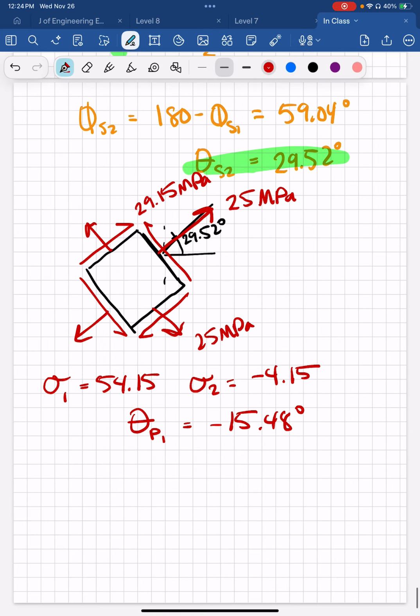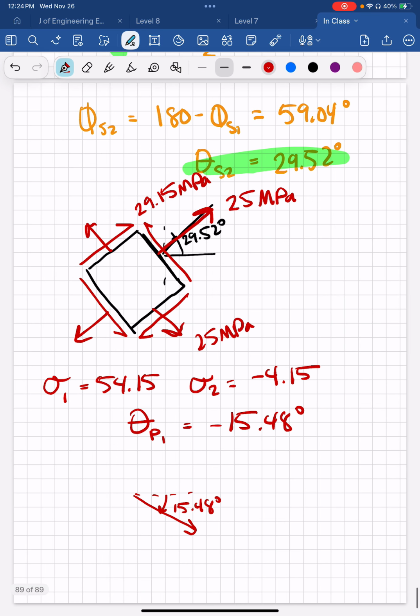And so we're going to start with that stress. When it was arranged the way it was initially, it was straight off to the right. And so we're going to go down 15.48 degrees, and that's how it's going to be oriented. That one was the 54.15 megapascals.